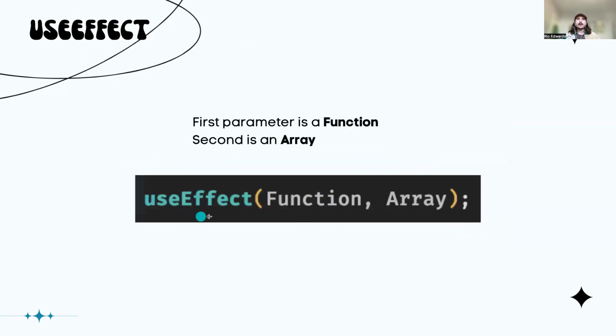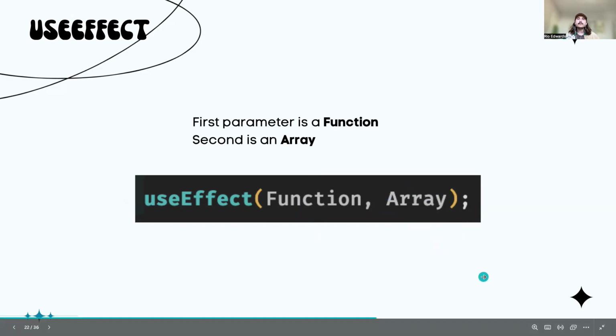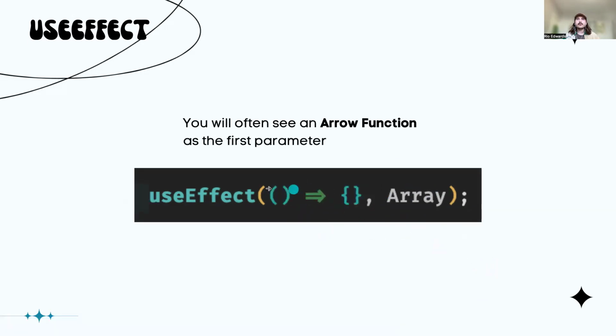So when you call useEffect, it takes 2 parameters. The first parameter is a function, and the second parameter is an array. So we're going to first talk about the function that you pass in.